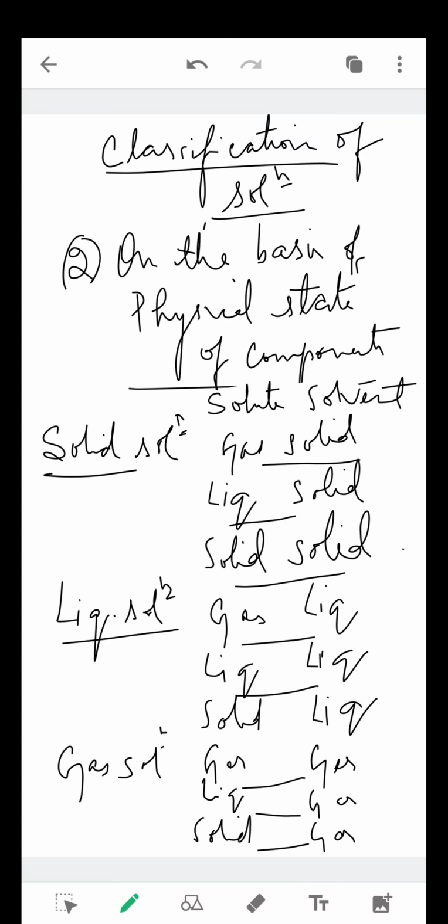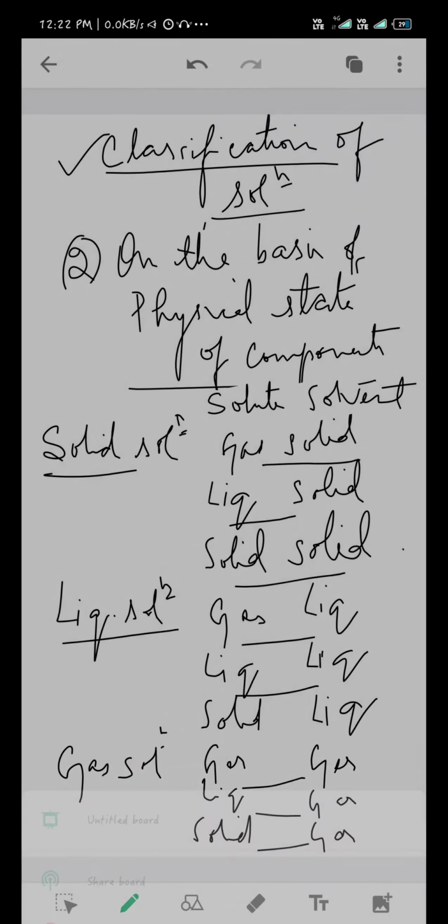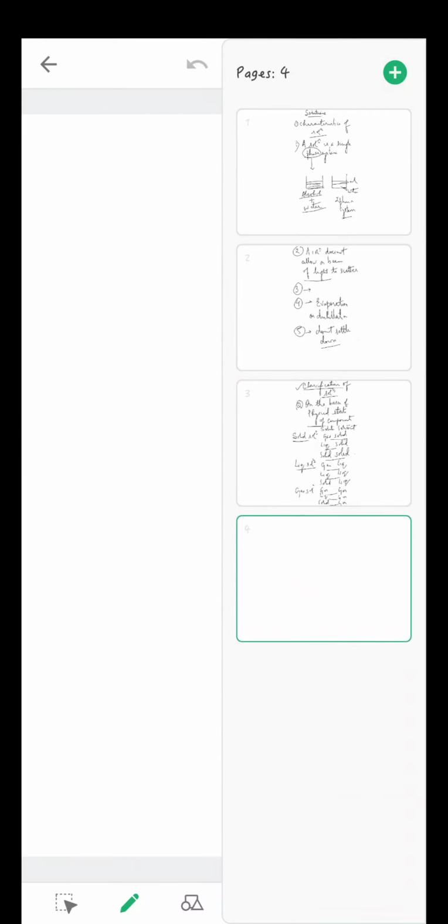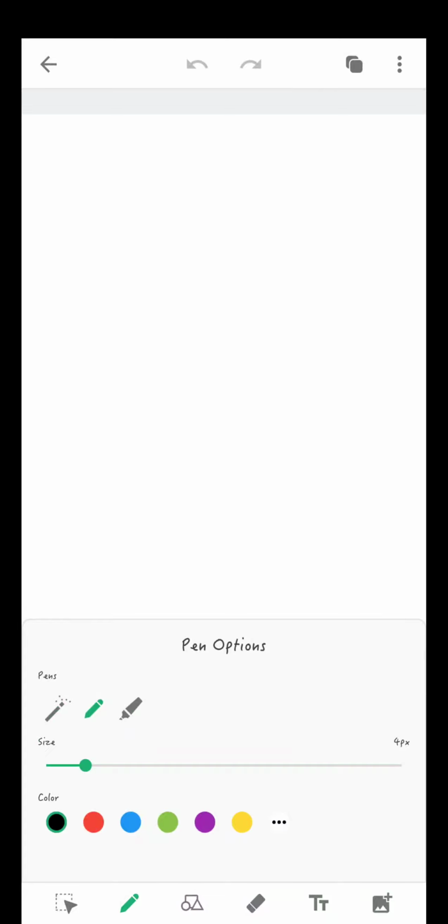So this was all about the classification of solution. Now moving on. The next part that we have to discuss is expressing the concentration of solution. How do we express the concentration?